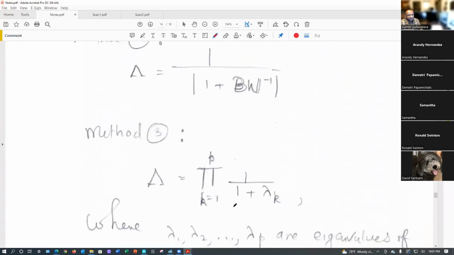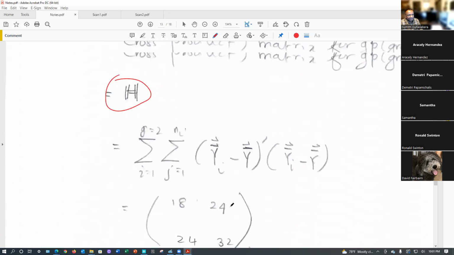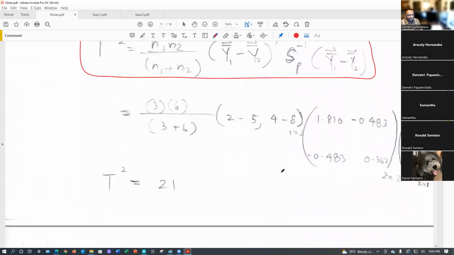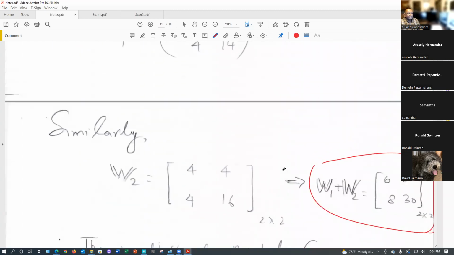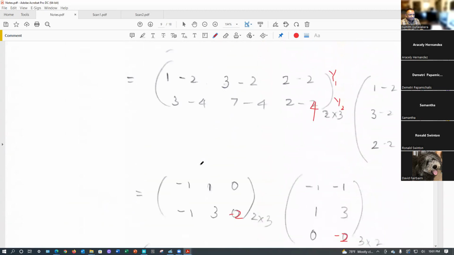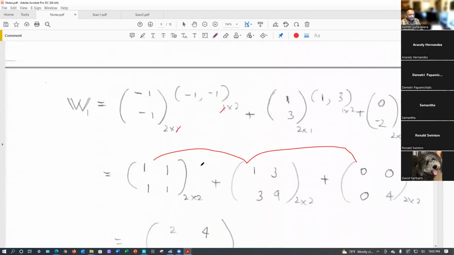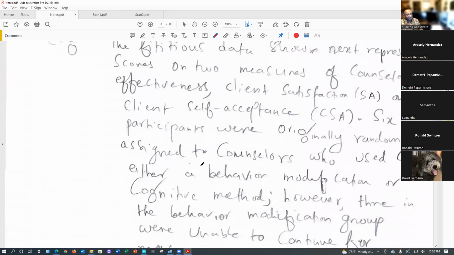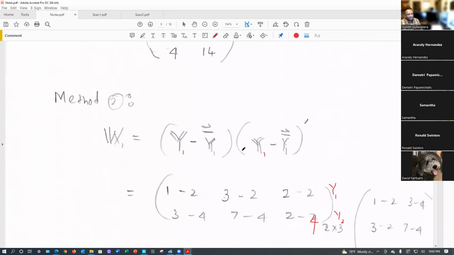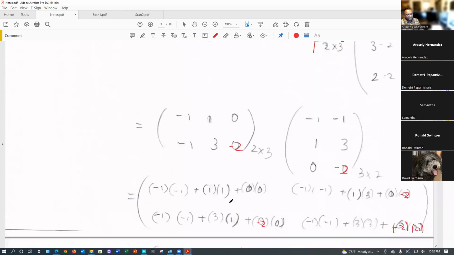I got that F value in what we normally call the classical way. In that multivariate approach, we built up these pieces. When we built up those pieces, we have several methods to get the W matrices, or the variance-covariance matrices. For each group, we built up those parts.